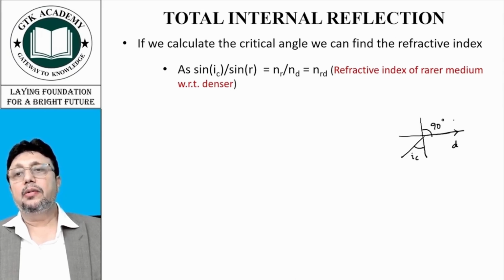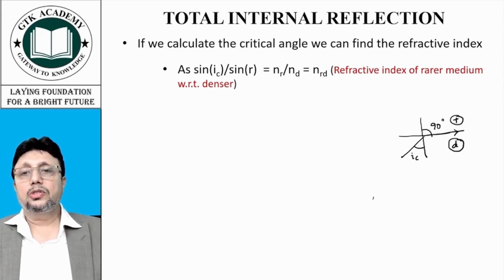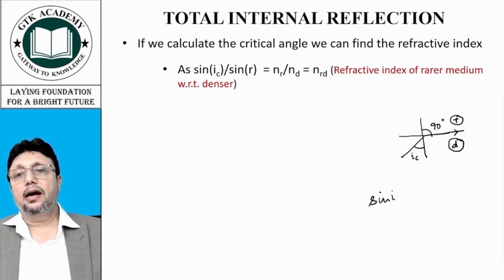This is denser medium and this is rarer medium. So sine IC upon sine R is equal to refractive index of rarer medium upon refractive index of denser medium.